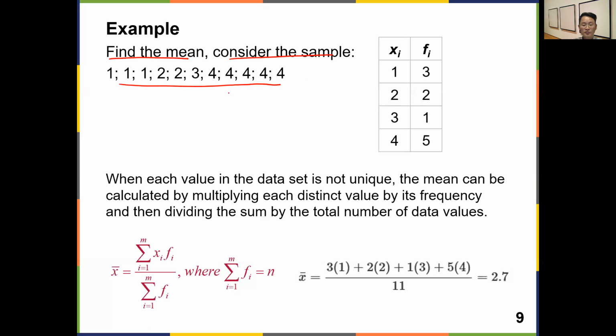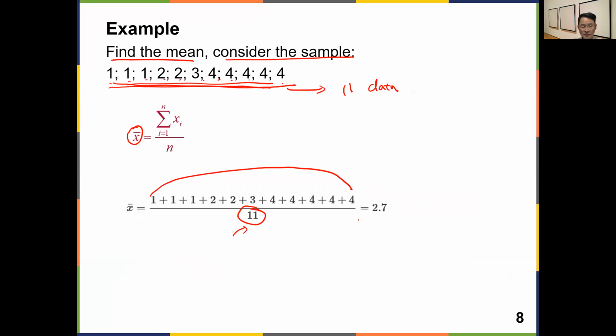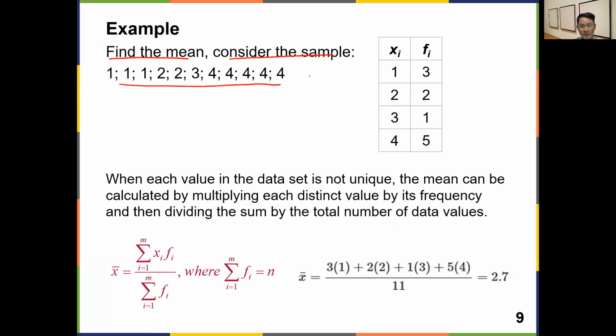But instead of using the previous technique, you can actually build a table like this, because you have 1, 2, 3 ones. So this x1, what do you think this f is? This is the frequency.